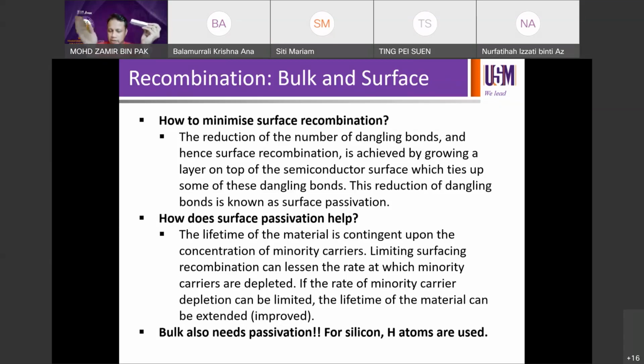You're going to learn later on how to do the deposition of silicon nitride with hydrogen in. So the hydrogen incorporated within the silicon nitride deposited on the surface, when the silicon goes through a high temperature process, the hydrogen will be driven into the silicon lattice and passivate the bulk and also passivate the surface successfully. And that will fix the lifetime issue.